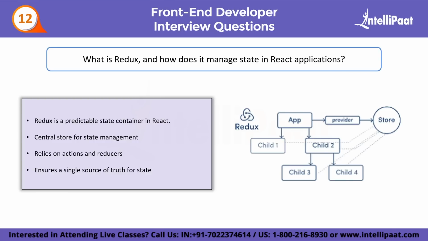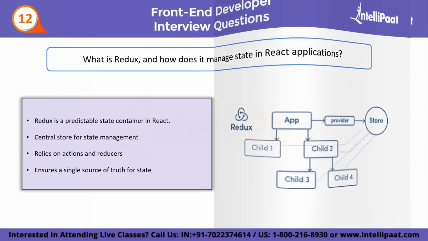Connected components can read data from the store and dispatch actions to update the state. In short, Redux is a state management library that centralizes the application state, making it predictable and manageable. It uses actions, reducers, and a store to handle state changes and allows React components to connect and interact with the state in a structured manner.